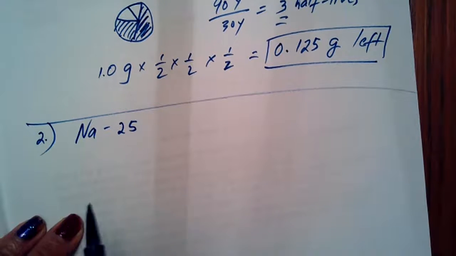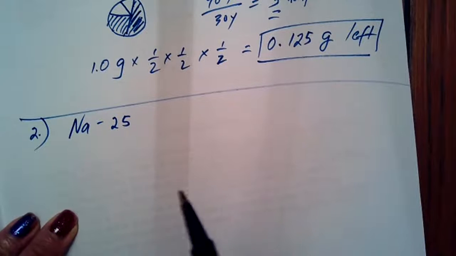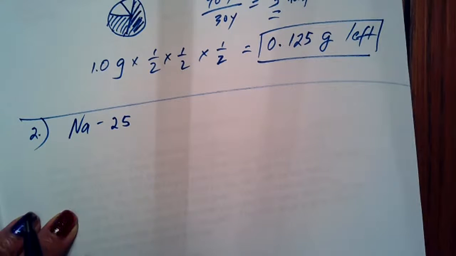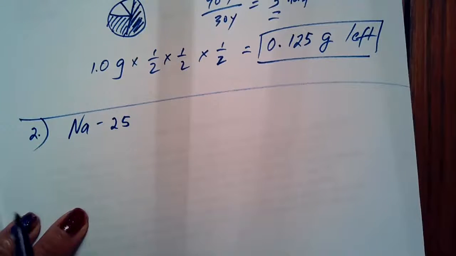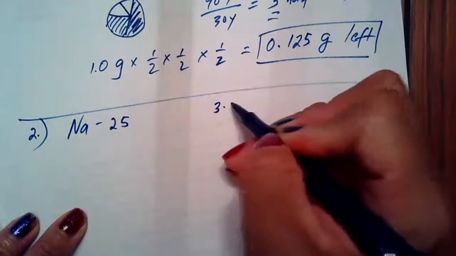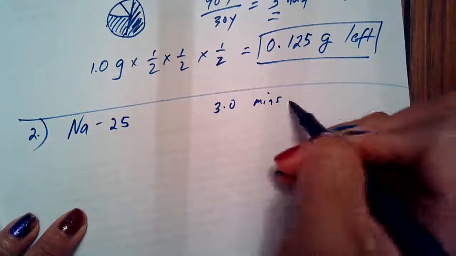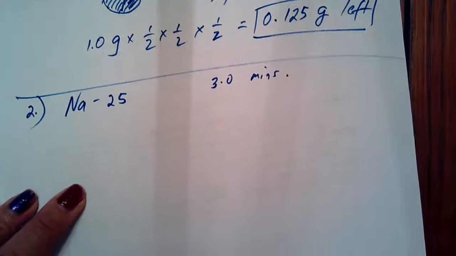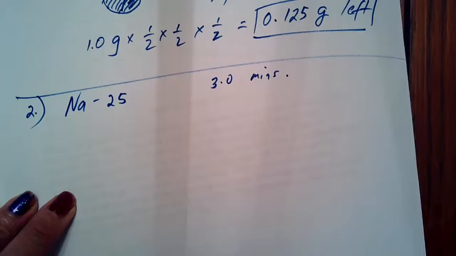Let's say you need to use sodium 25 in an experiment, but it took 3 minutes to get the sodium from the reactor to the laboratory. If 5 milligrams of sodium 25 was removed from the reactor, how many milligrams of sodium 25 were placed in the reaction vessel 3 minutes later if the half-life is 60 seconds?